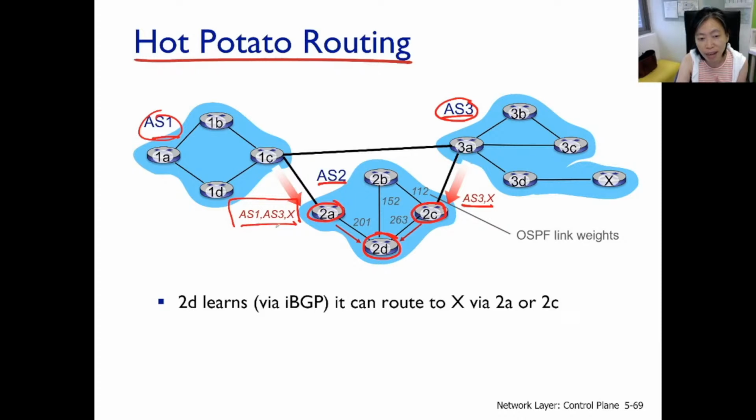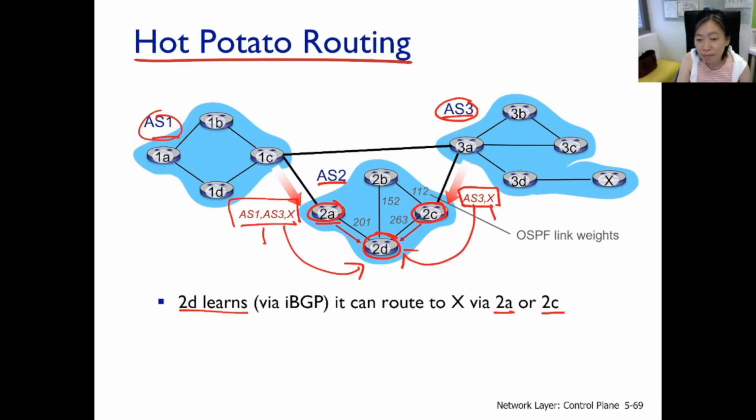That is AS1, AS3, and X. So 2A passes this path to 2D. 2C also passes on this path to 2D. So 2D in the end learns, there's one AS path through next hop 2A, this guy. There's another AS path through 2C, this one.